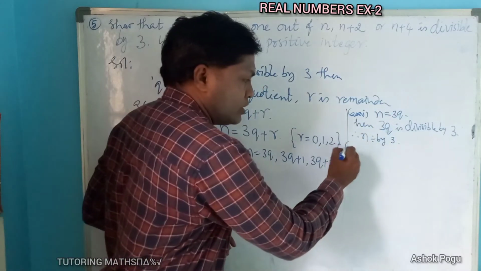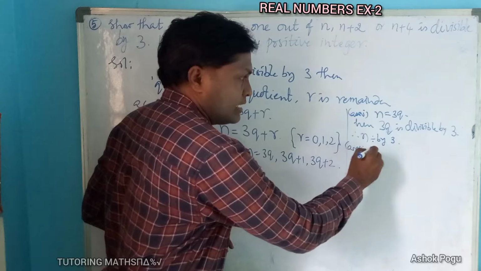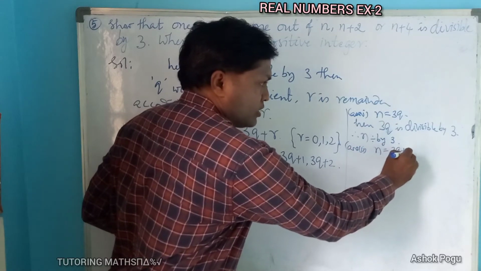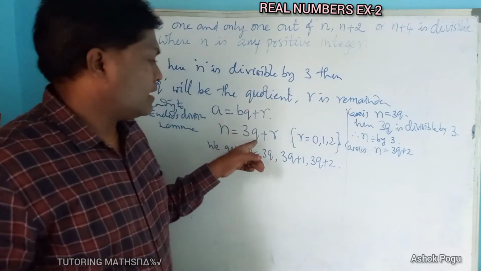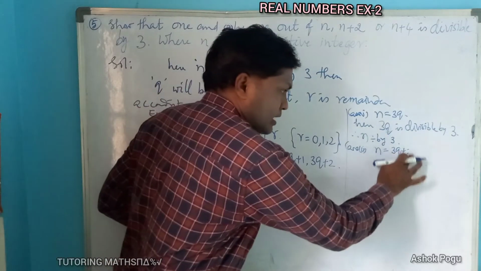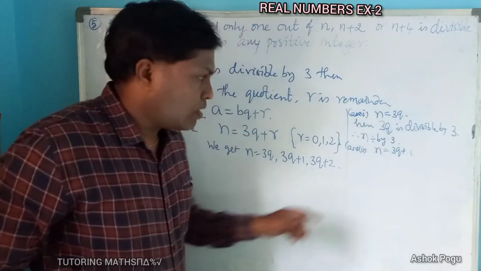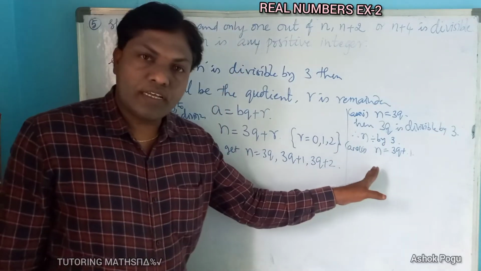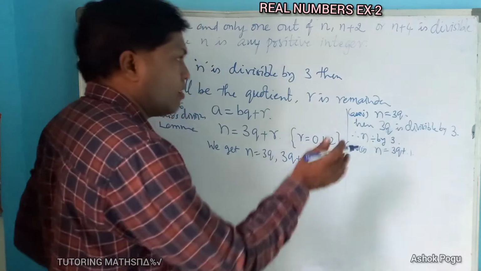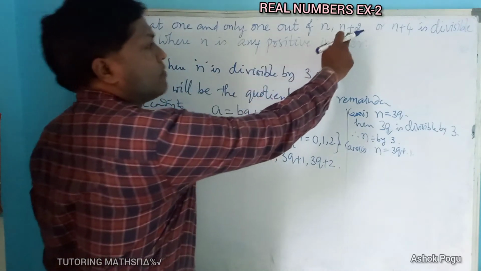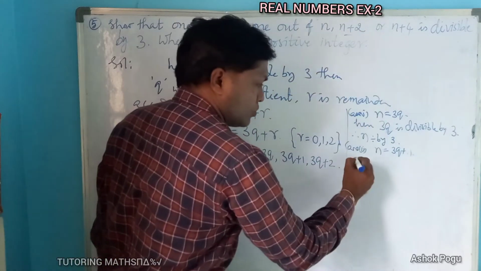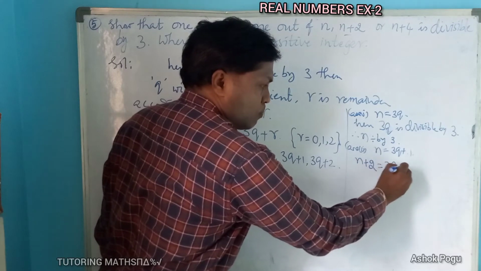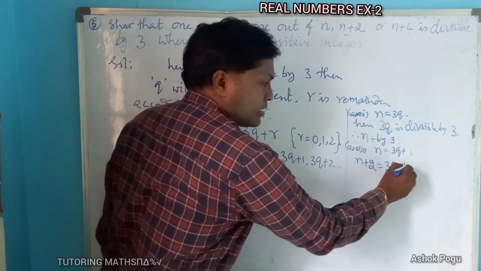Okay. Now case 2. What is the second case? n is equal to 3q plus 1. But according to this, we have n plus 2. Then n plus 2 means 3q plus 1 plus 2.